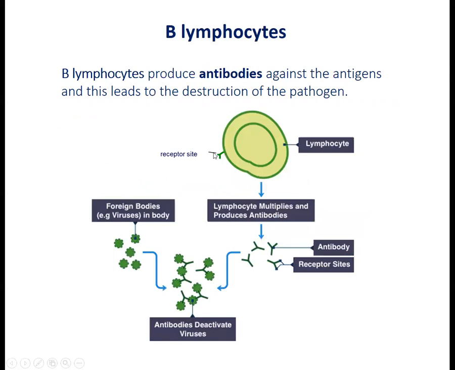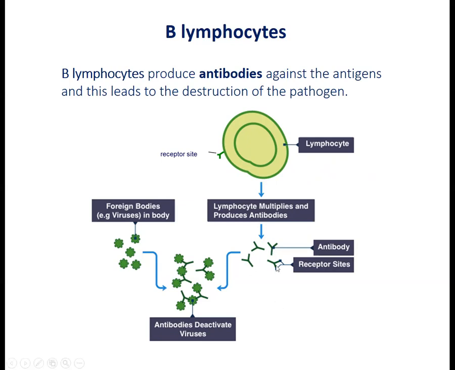So there's our lymphocyte with its receptor site. Remember that it's specific to the antigen. And B lymphocytes work by producing large numbers of Y-shaped proteins called antibodies.